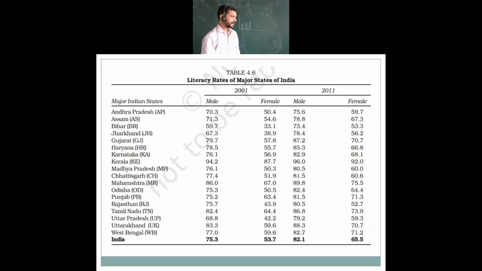And when it comes to the year 2011, the literacy rate, Kerala is standing in first position even among males as well as females. In Kerala, 96% of the males are educated, the literacy rate is 96%, then females 92. If you compare to the other states, they are very low compared to our Kerala.